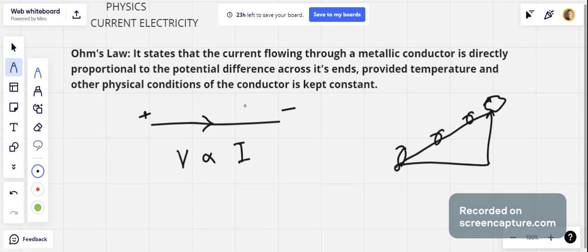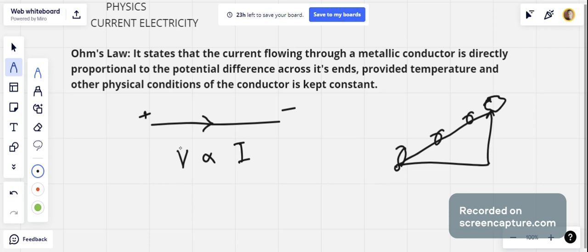The higher the temperature, the more power will be lost due to heat, so the more resistance of the conductor. The lower the temperature, the lower the resistance. So if physical conditions of the conductor are kept constant, the current that will flow through it will be directly proportional to the potential difference or voltage.